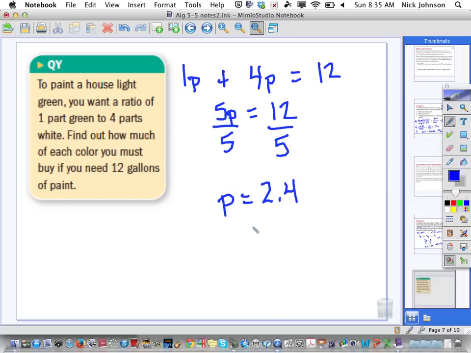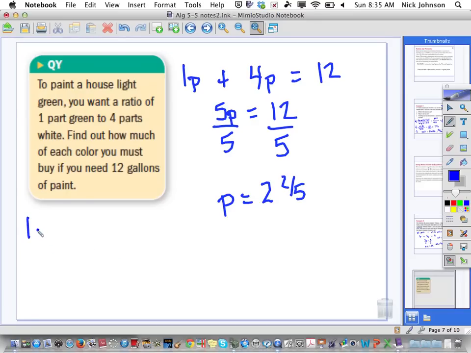Okay, everybody with me? So now I need to find out how much green I'm going to use. And you can leave this as a fraction. That's going to be fine. Okay? That will not hurt you. 2/5 will not hurt you. So when we go here, 1 part green.